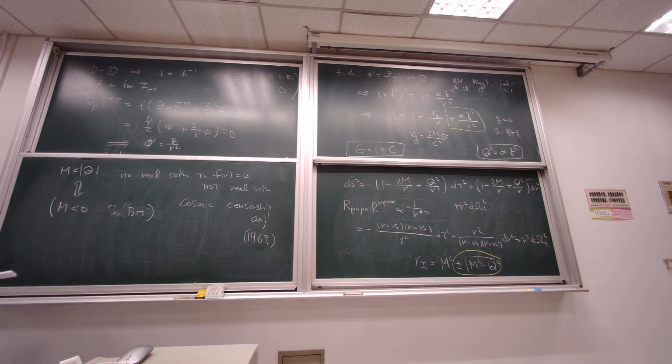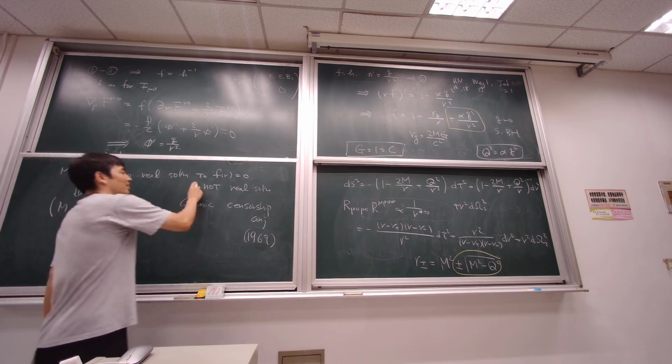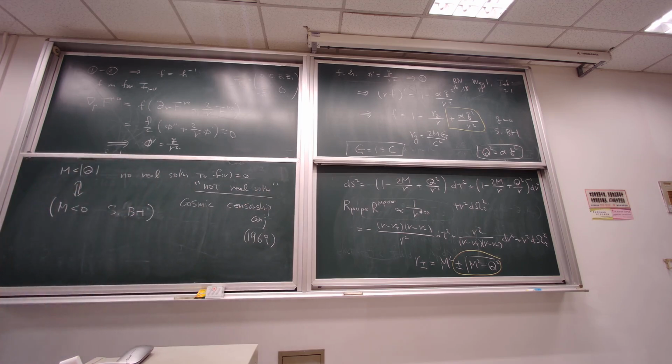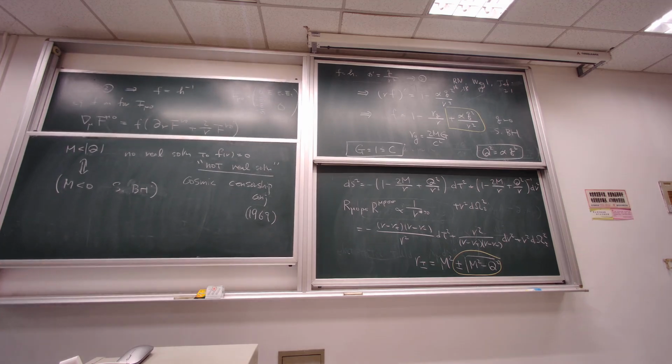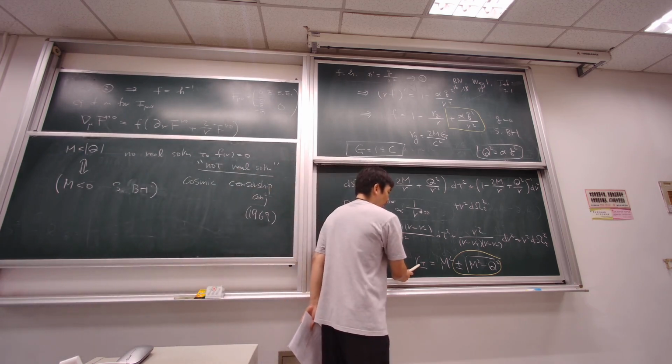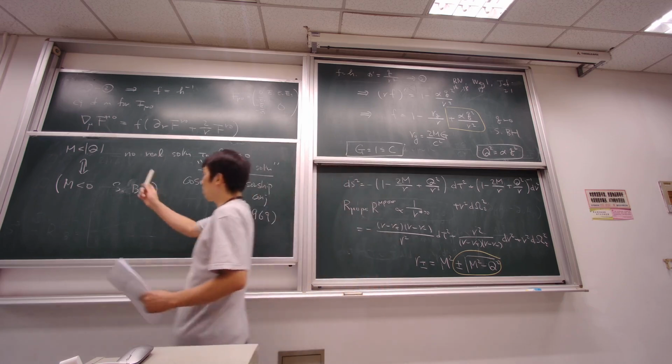So it is believed the Reissner-Nordstrom black hole solution does not exist in nature, but theoretically even this is not a real solution because of the naked singularity. Okay. So therefore this part is not.